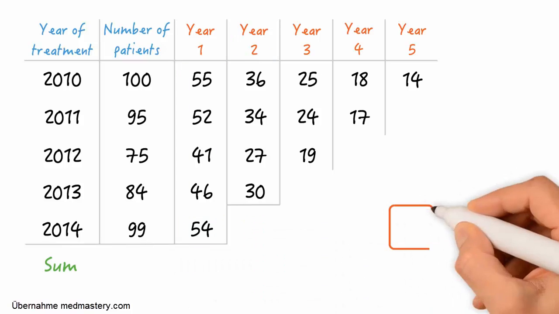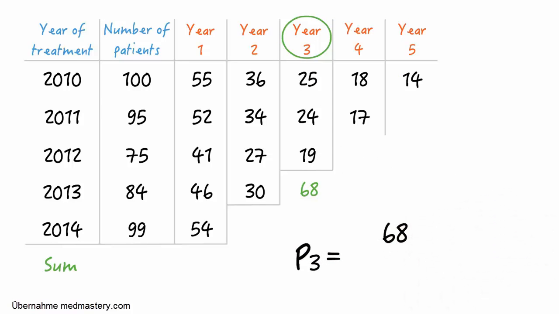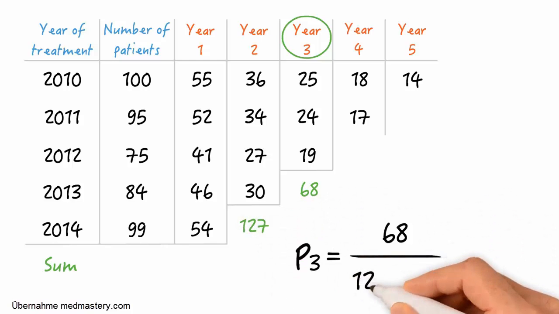Now, please pause the video and calculate the probabilities of surviving years 3, 4, and 5, that's P3, P4, and P5, yourself, and come back when you're done. Okay, so the probability of surviving year 3 is 68, all the people who were alive at the end of year 3, divided by 127 minus the 30 people who were not followed up in the third year.